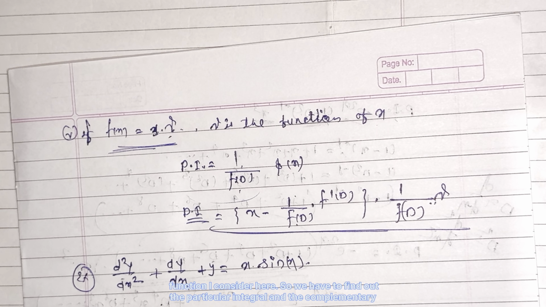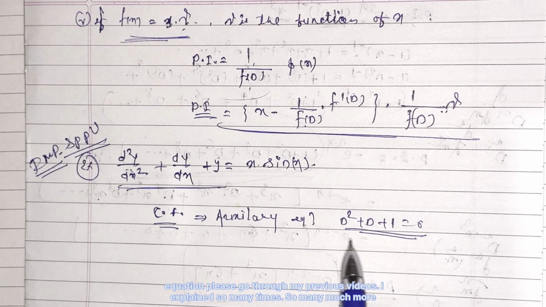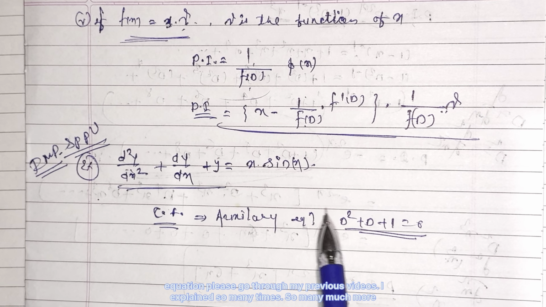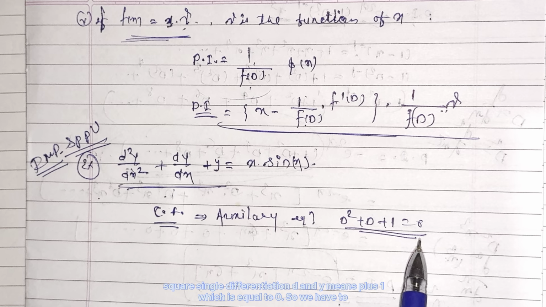If you didn't understand how I have written this auxiliary equation, please go through my previous videos, where I explained it many times with many examples in my playlist. Double differentiation means D square, single differentiation D, and y means plus 1, which is equal to 0.